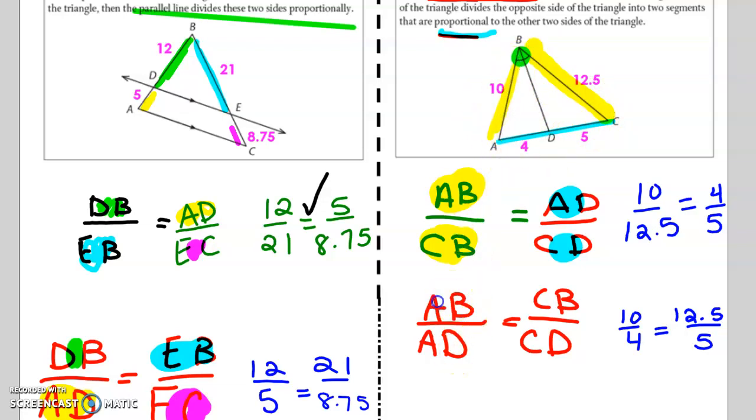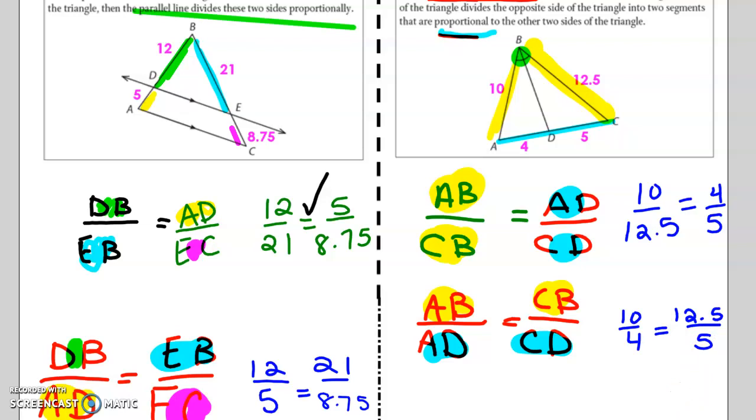So I said AB over AD, and then that is also equal to BC over DC, or CD, same thing. And again, these two will be equal. So that is the triangle angle bisector theorem.